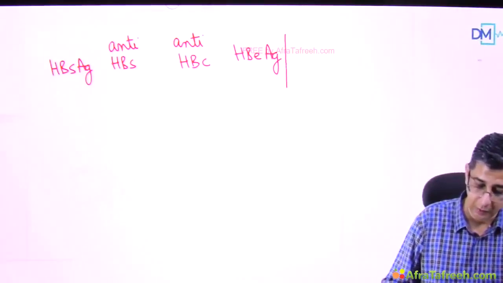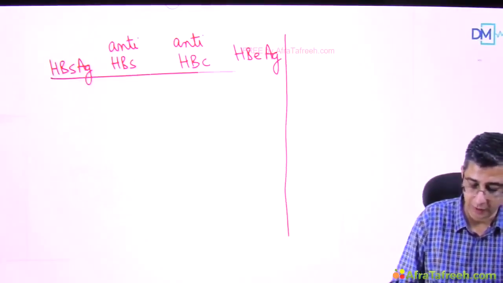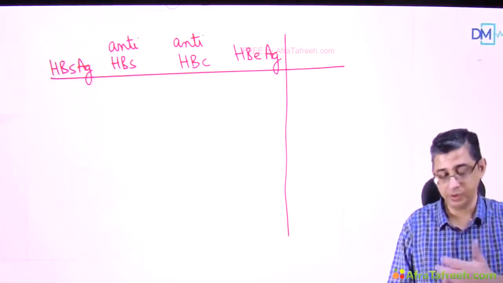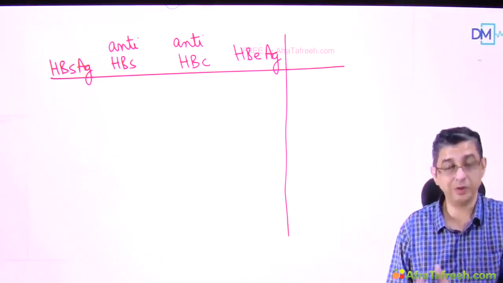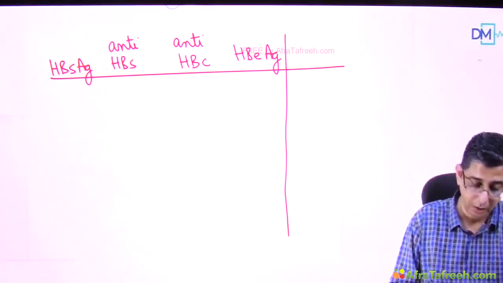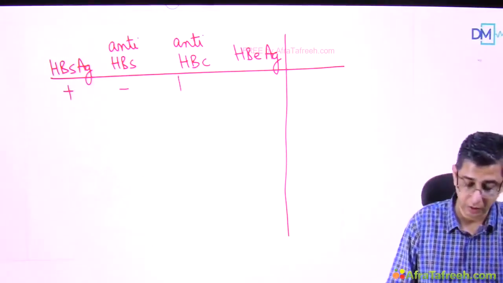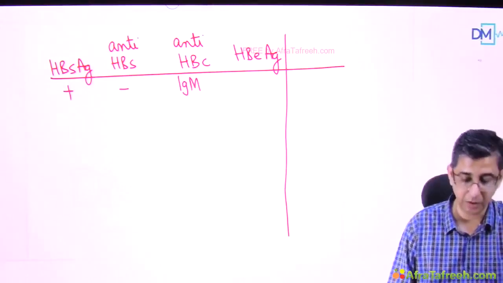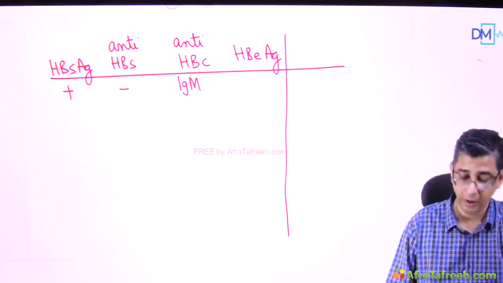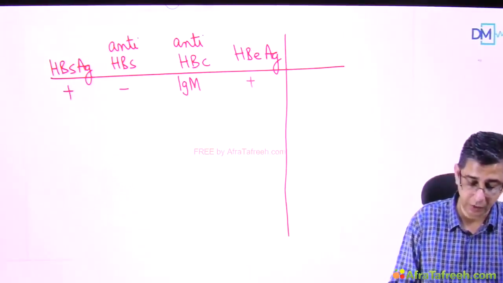Let's look at the various permutation combinations in the reports that can be given to identify the stage of the disease. In the first consultation, the report will be like this: the surface antibody will be missing. The class of antibody, the first antibody to appear is IgM class of antibody, and the E antigen in the patient is positive.